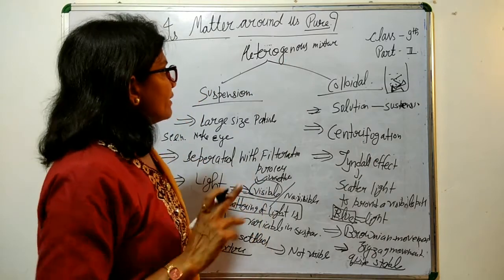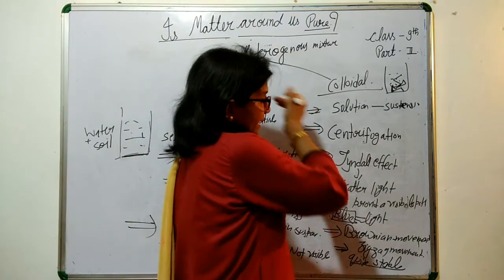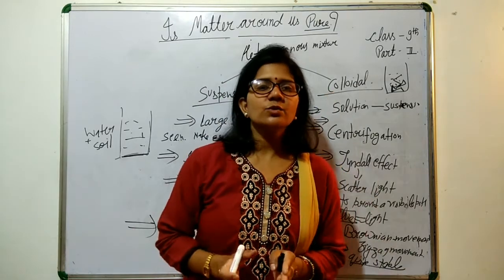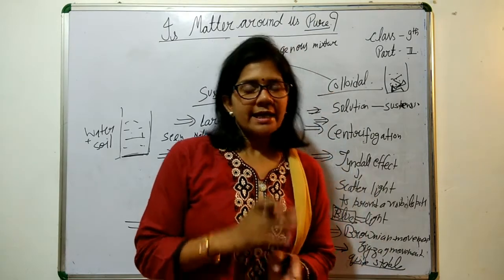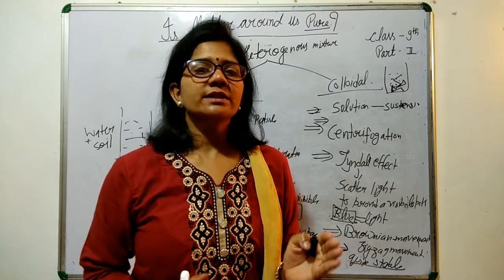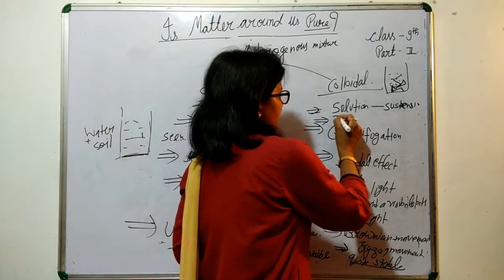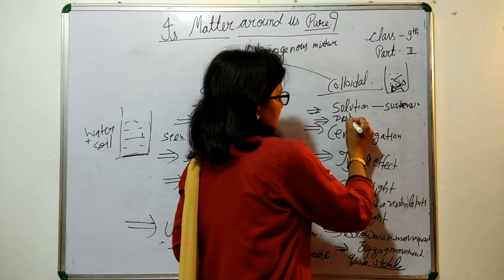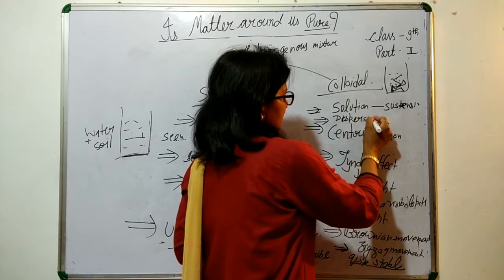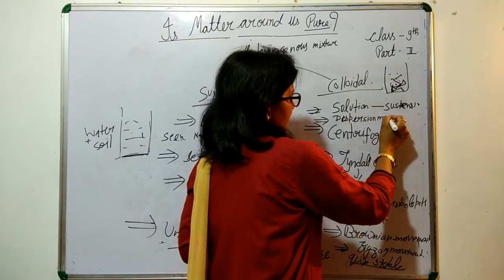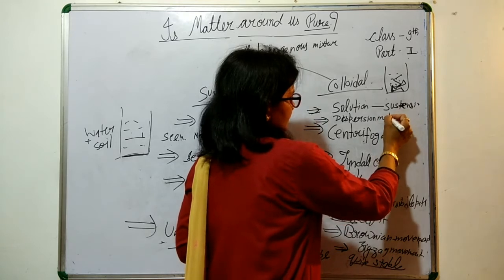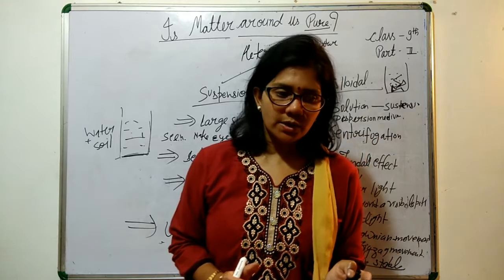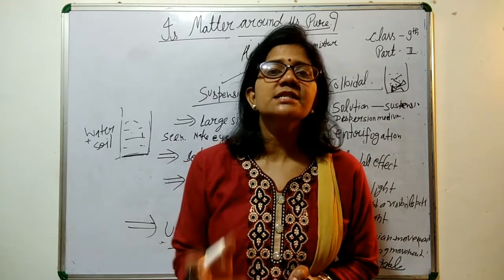One more very important point is that, as in a solution the large quantity was the solvent, here that large quantity is your dispersion medium. And that small quantity, which was the solute, here is the dispersed phase.